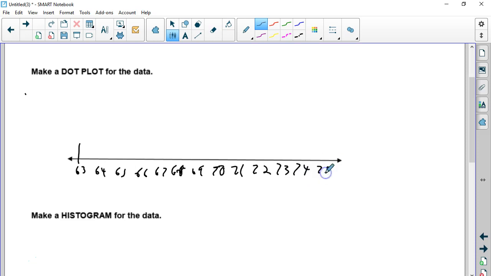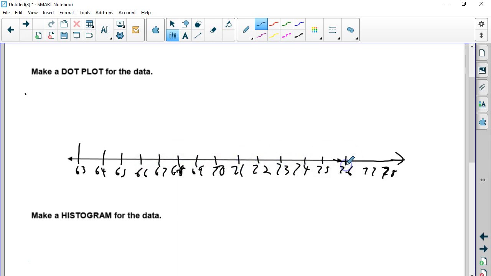I'm going to run out of room. Tried to make it last. These are 7s. Okay, so these are all my spots on the number line.